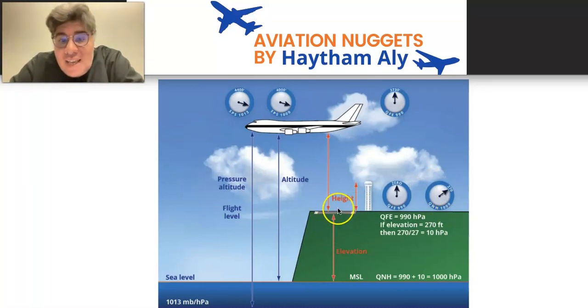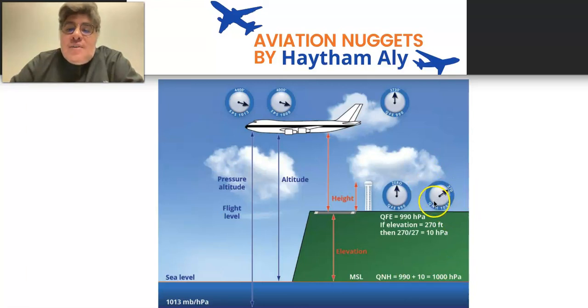And now this is the elevation, everybody. Elevation is the vertical distance of a fixed object, like an airport or runway, from the mean sea level. Again, elevation is the vertical distance of a fixed point, like a runway or a tower, from the mean sea level. Here the field elevation of the runway is 270. So if we put on the altimeter QNH, which is the mean sea level isobar of 1000 hectopascal, the altimeter will show us the field elevation on the runway.